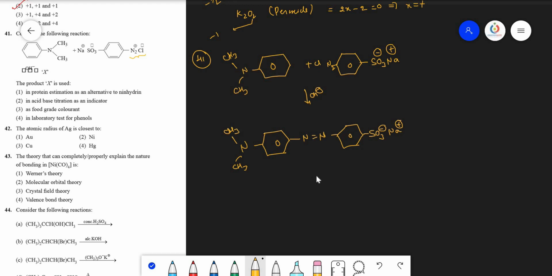The molecule formed here is methyl orange. Methyl orange is basically used as an acid base indicator. So for question 41, it is used in acid base titrations as an indicator. Option 2 is correct. Next, let us see the 42nd question.